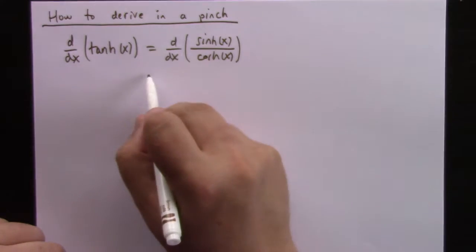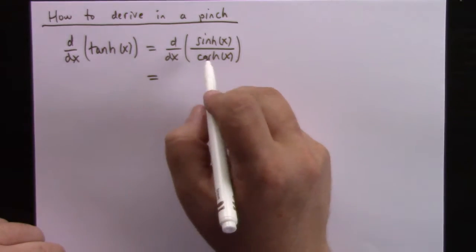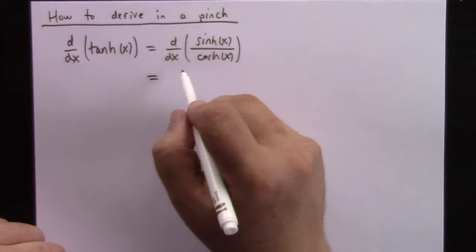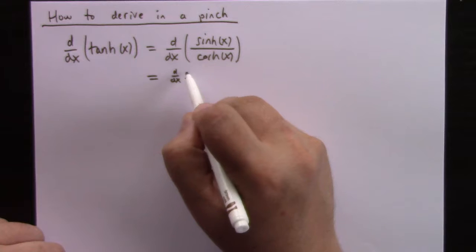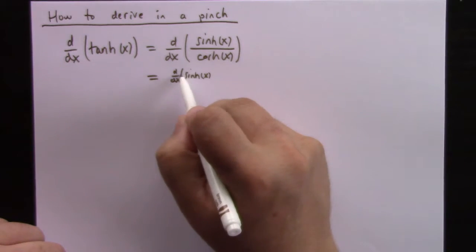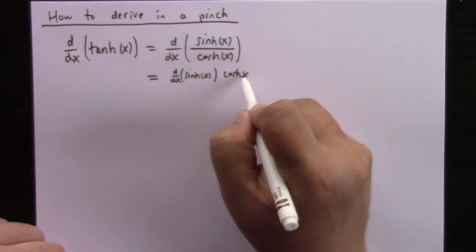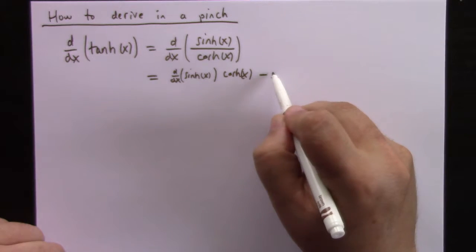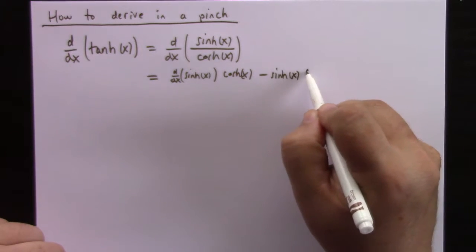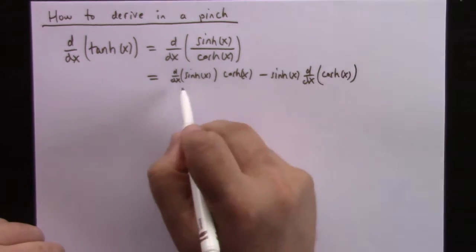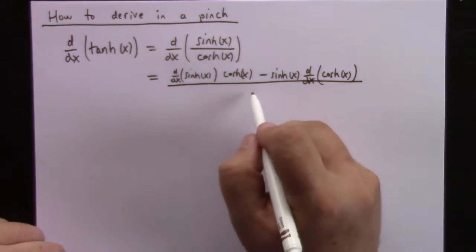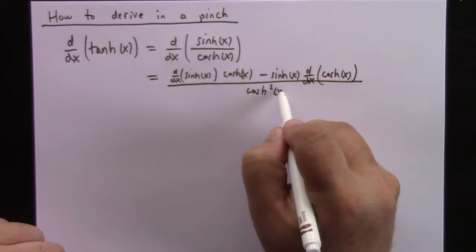And we know the derivative of sinh and cosh, so this is what? This is the derivative of sinh x times cosh x minus sinh x times the derivative of cosh x, divided by cosh squared x.